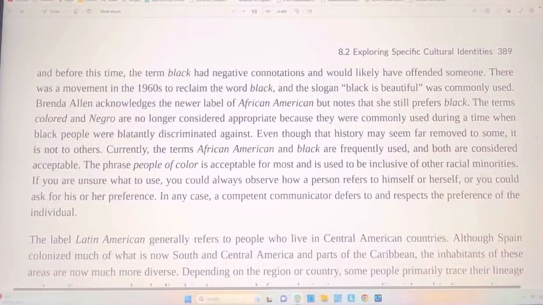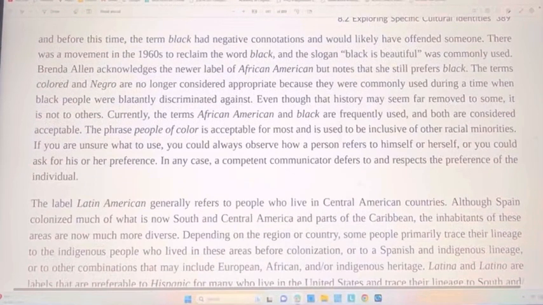During and before this time, the term black had negative connotations and would likely have offended someone. There was a movement in the 1960s to reclaim the word black, and the slogan "Black is Beautiful" was commonly used. Brenda Allen acknowledges the newer label of African American, but notes that she still prefers black.